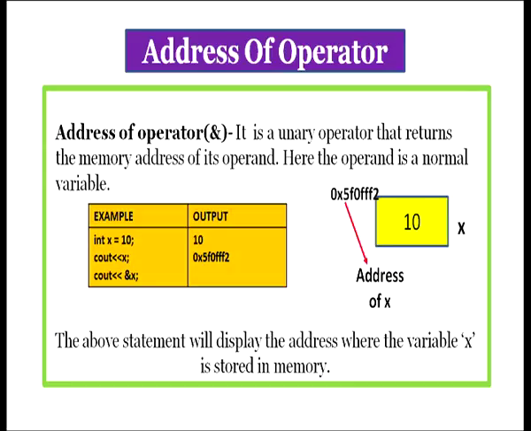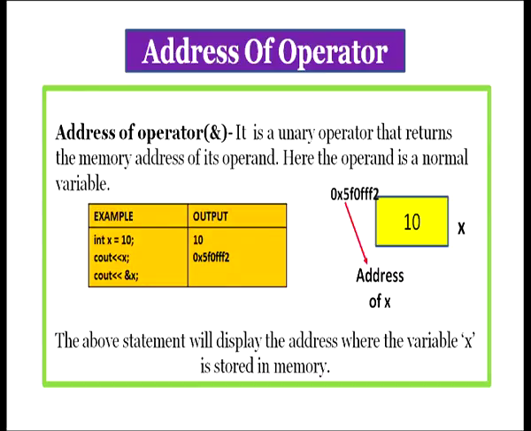int x = 10, where x is a variable and 10 is the value allocated to it. So, 2 bytes of memory space will be allocated at a particular address, and the value 10 will be stored there, and this memory is referred to by the name x. Now, when I say cout x, 10 will be displayed.